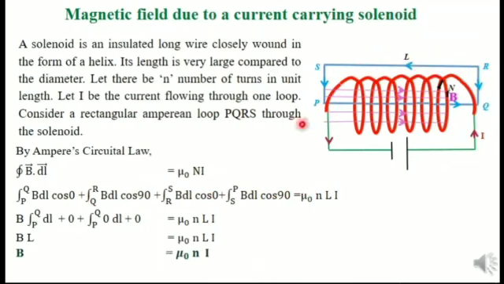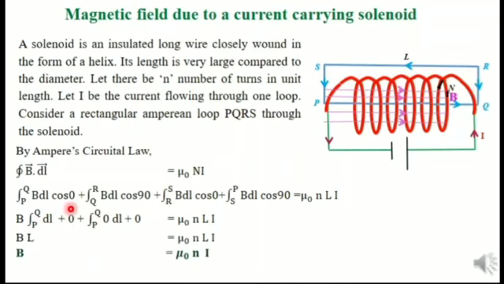Since the magnetic field and small part of Amperian loop PQ are both parallel, the angle between B and dl is 0. So the first term is integral P to Q B dl cos 0.